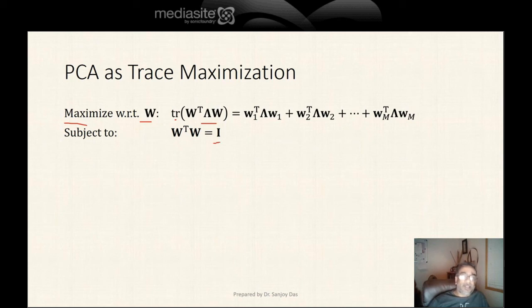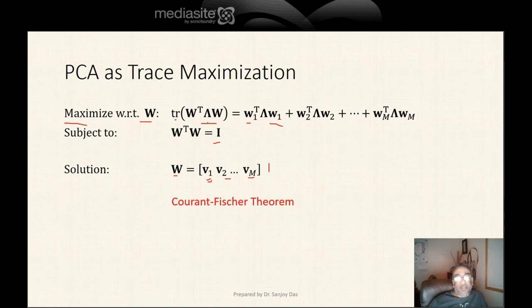This ensures that all the lowercase w's are mutually orthogonal and unit vectors. And the solution is W equals V1, V2 until Vm. These are the columns of the matrix uppercase W, which are the eigenvectors of the covariance matrix. And how did we get this solution? The answer lies in the Courant-Fisher theorem.